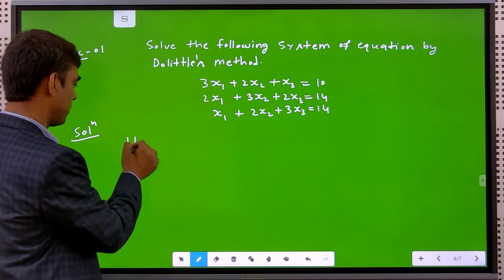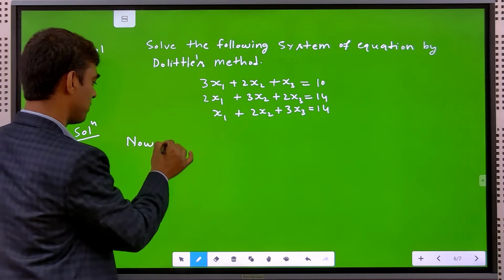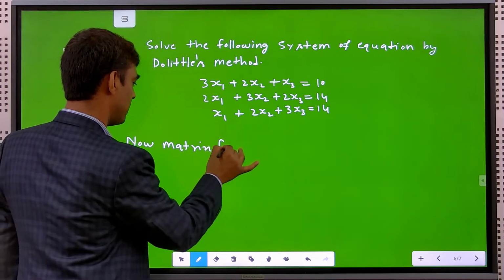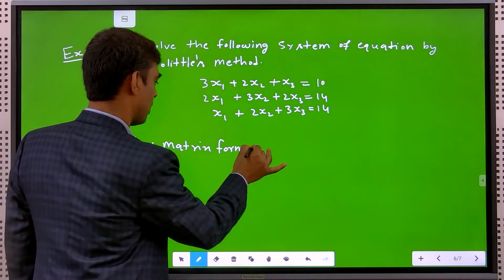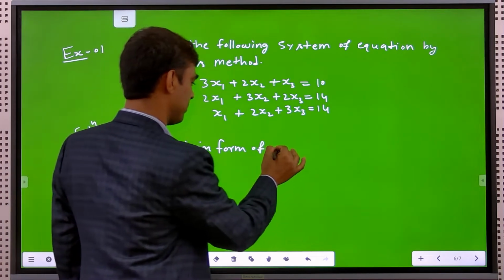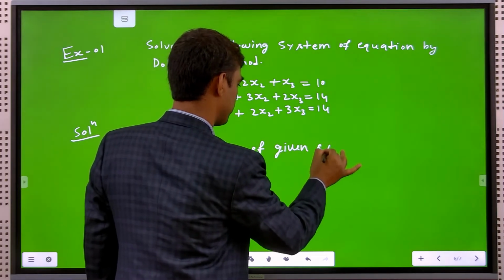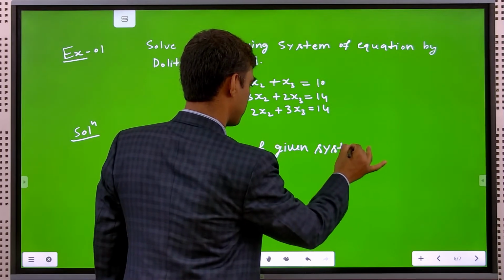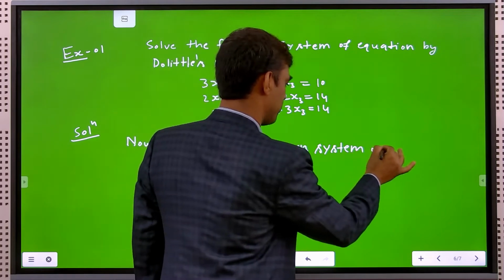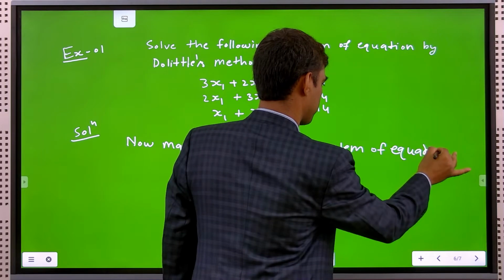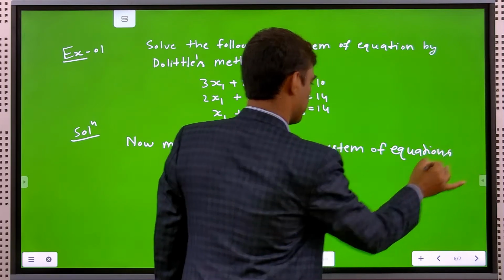Now, the matrix form of the given system of equations.